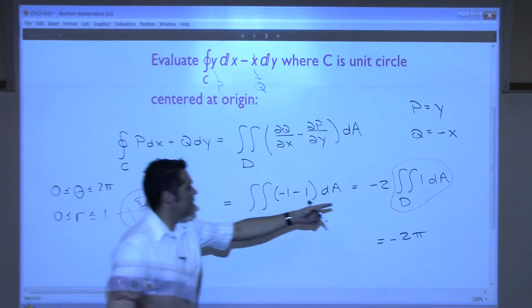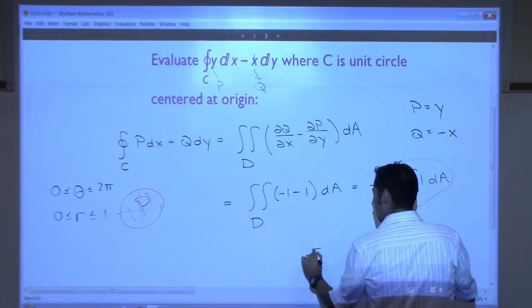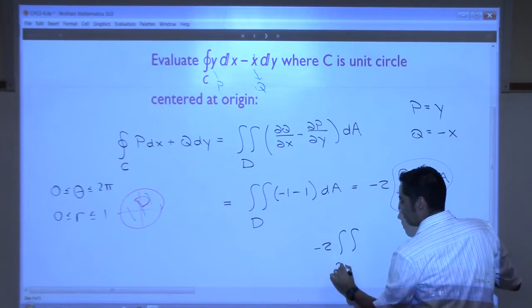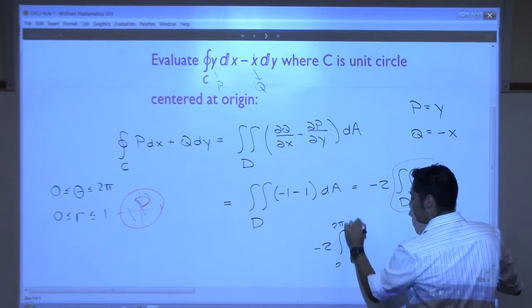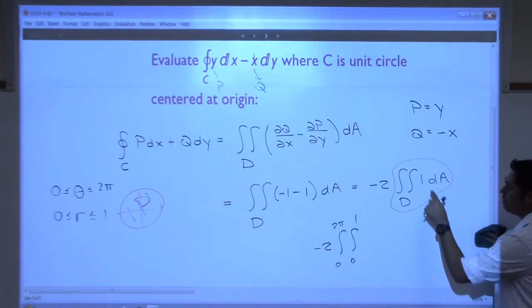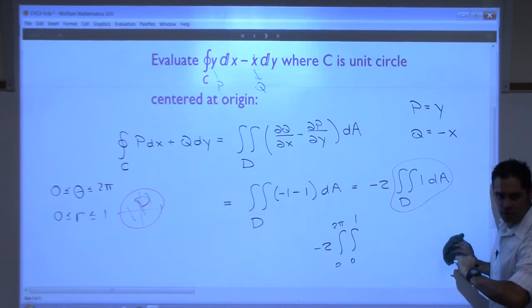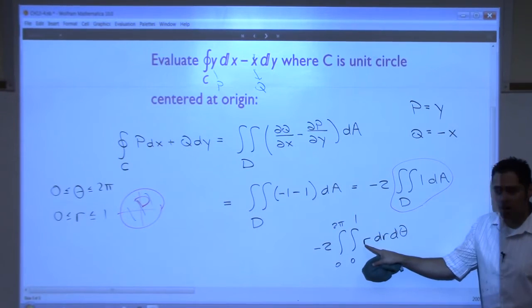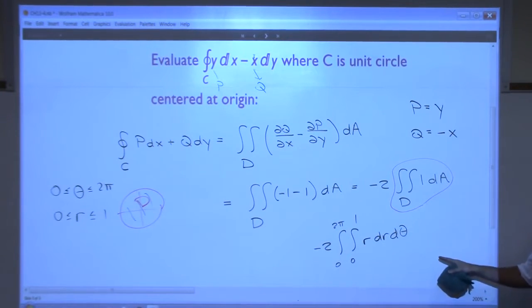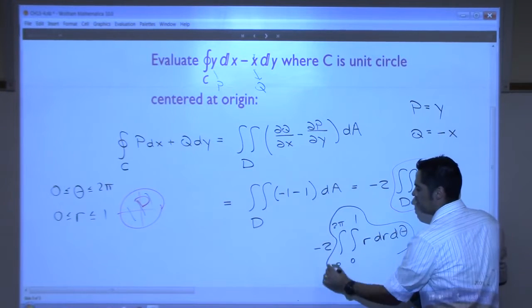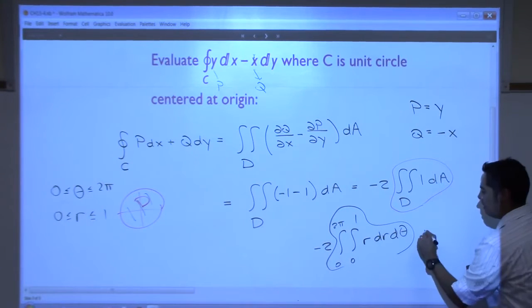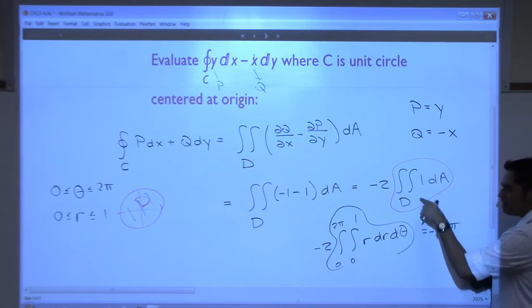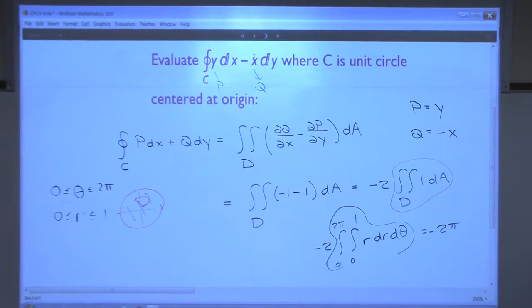Then this double integral becomes negative 2, integral from 0 to 2 pi, integral from 0 to 1 of 1, but you went to polar, so r d theta. You always have to remember to pop the r in there. If you go through all of this, you're going to get pi at the end of it all, and then you'll get negative 2 pi. But that's much cleaner if you can see that, right? Okay. Awesome.